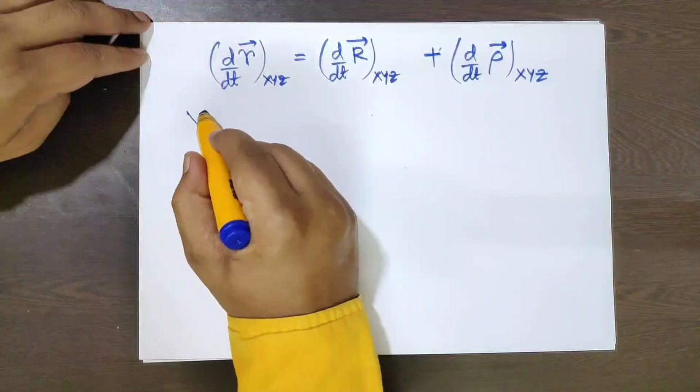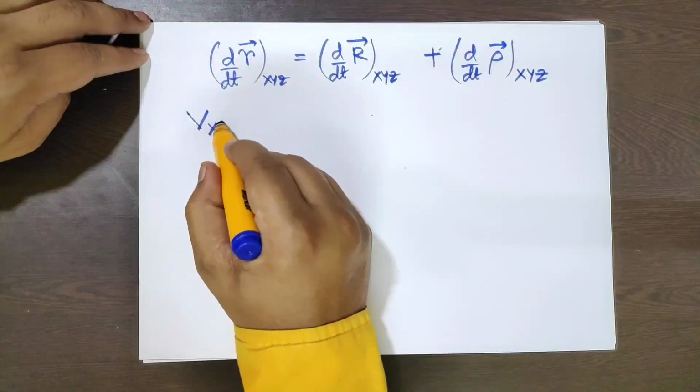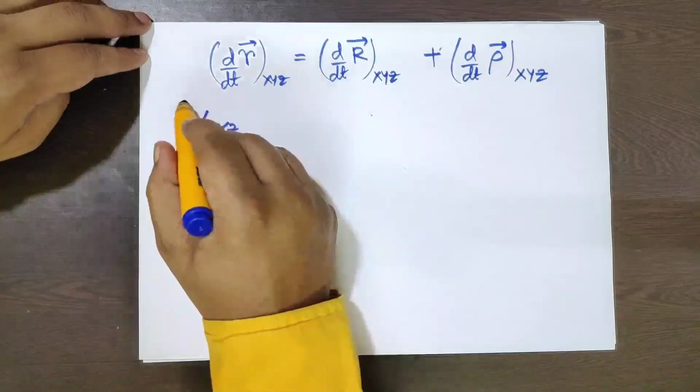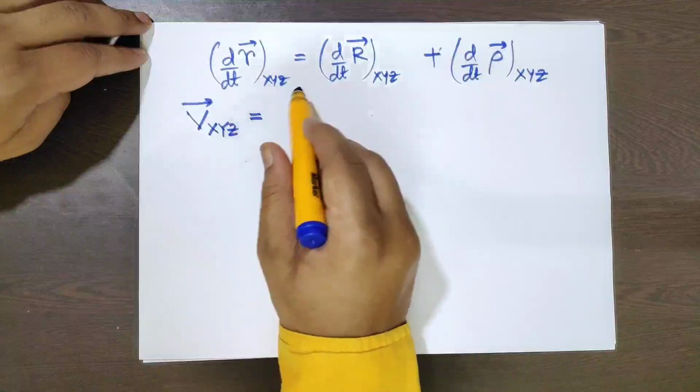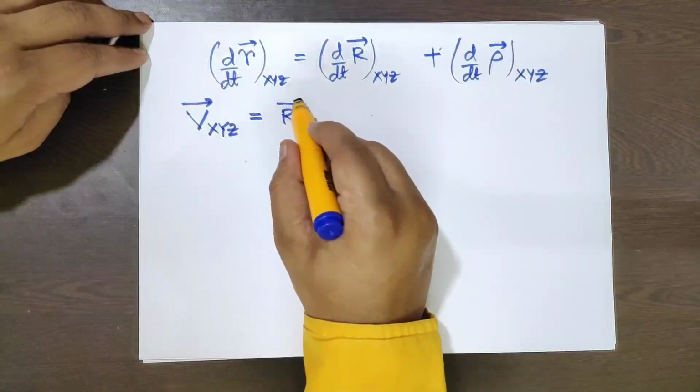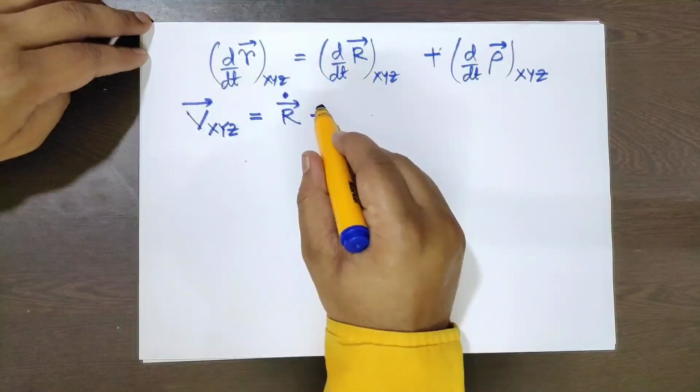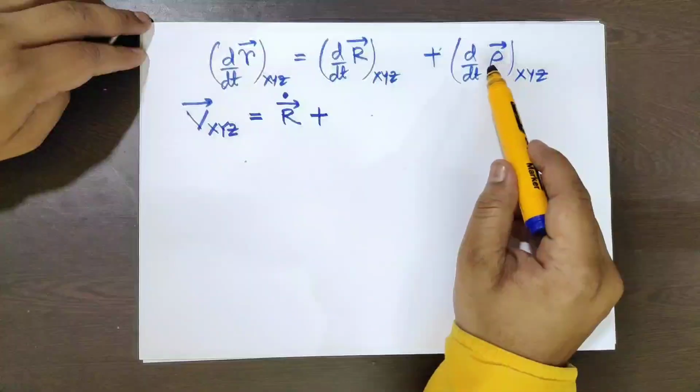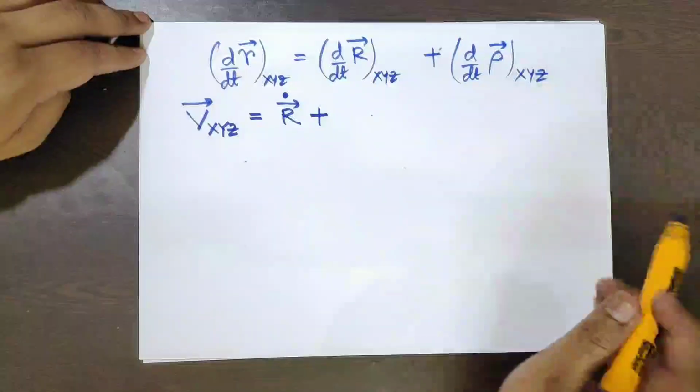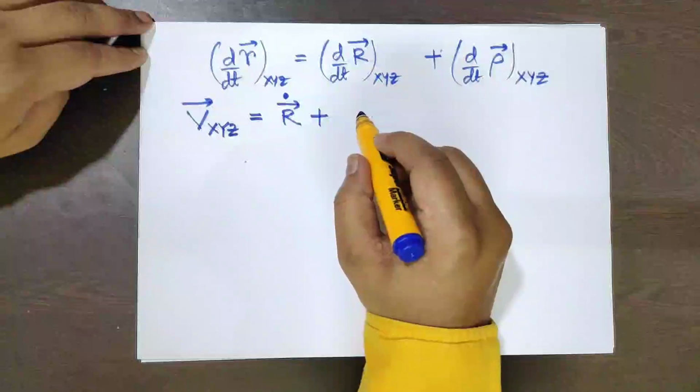This is V capital XYZ as I described on the last page, and this is actually R dot, plus d rho/dt from the capital XYZ frame.